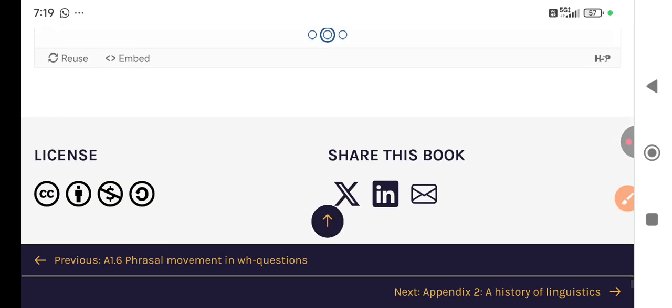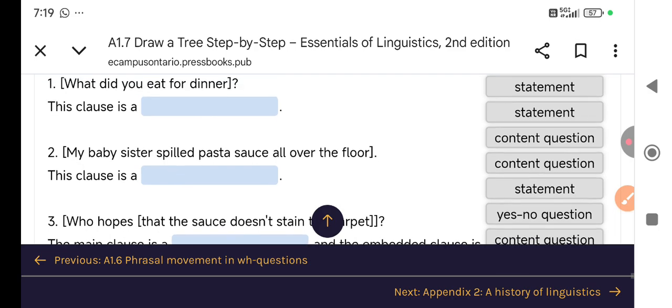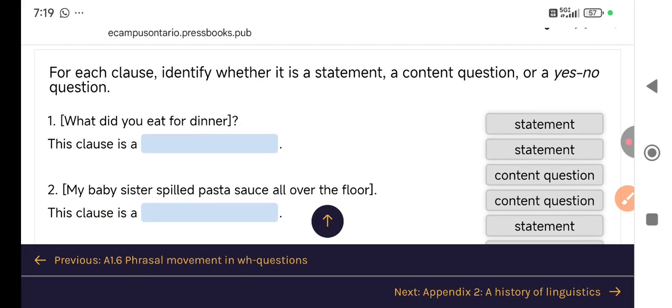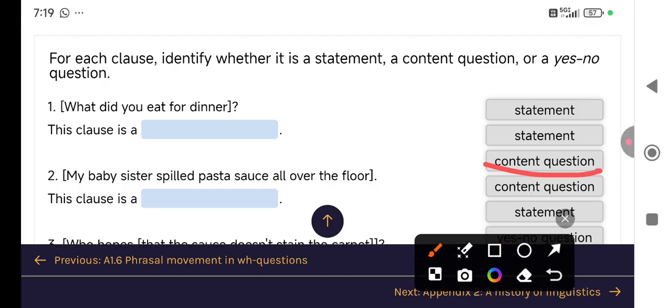So that is very lengthy but very good. Very good question. So here I tell you for one, two: What did you eat for dinner? That's a question, a content question, right? So this clause is a content question. This way you find out.